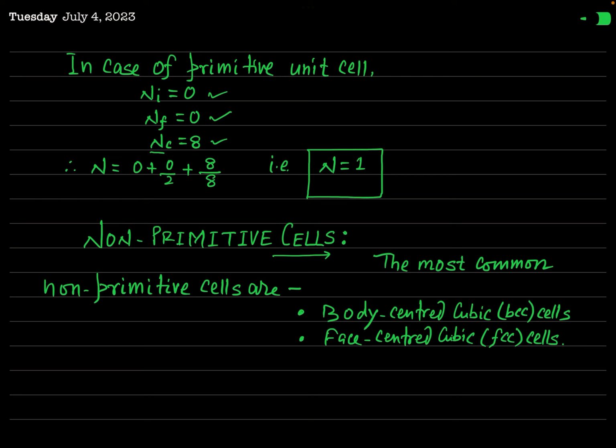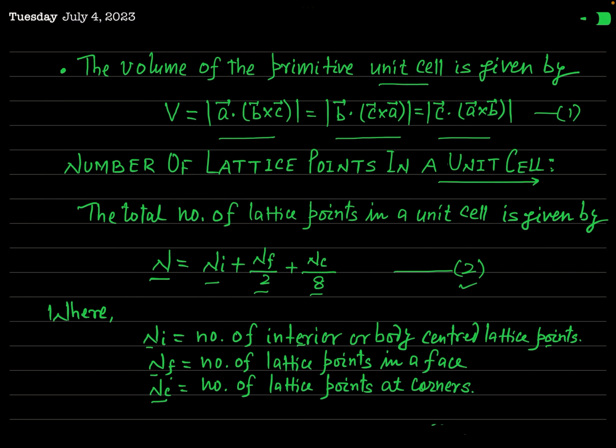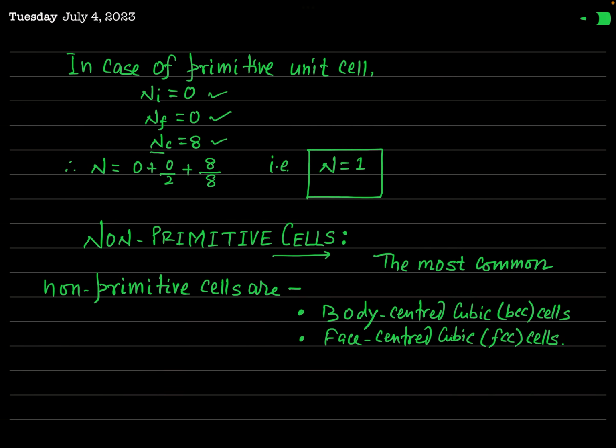So substituting these values in the formula, which I have mentioned in equation 2, the total number of lattice points in this unit cell, which is n, will be 0 plus 0 by 2 plus 8 by 8. So it is obvious this will be equal to 1.